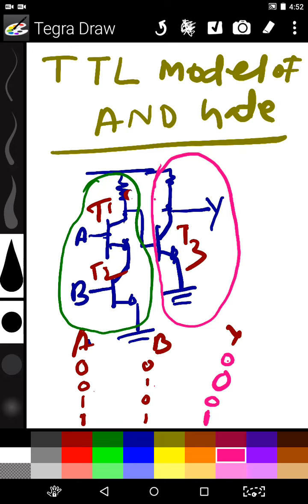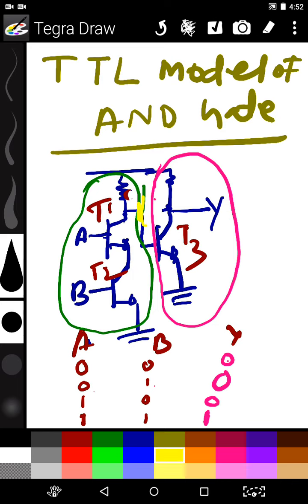Here we can observe another thing: the first stage output is nothing but a NAND gate. NAND gate means AND plus NOT gate. The output obtained from the first stage is the NAND gate output.